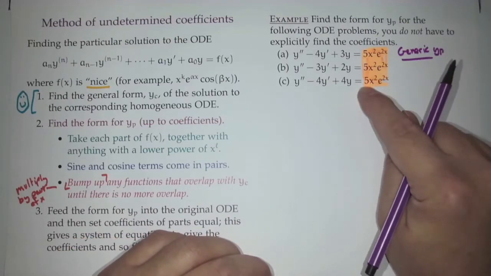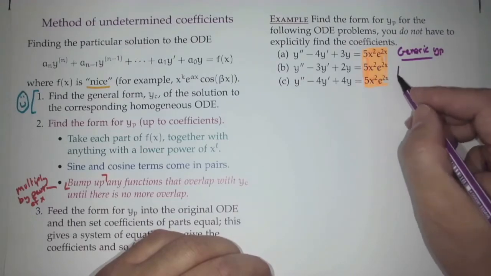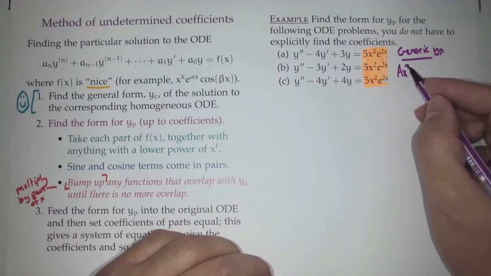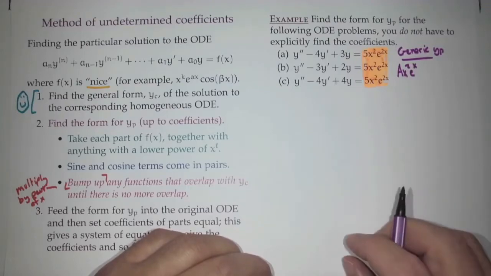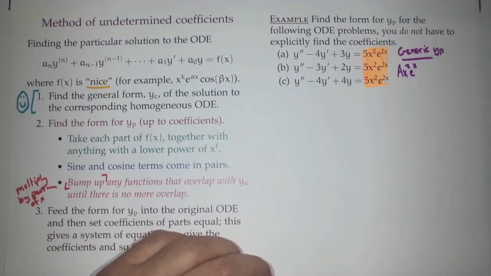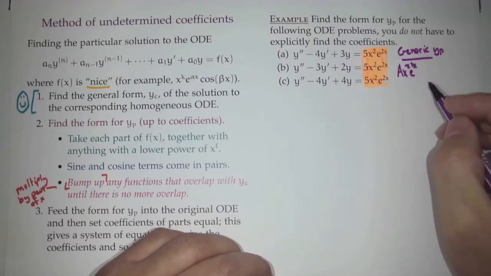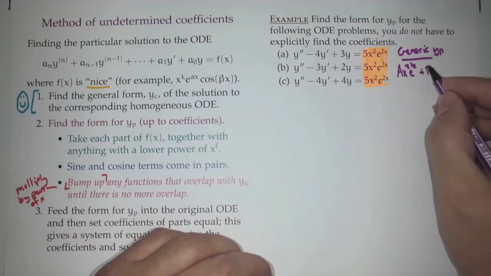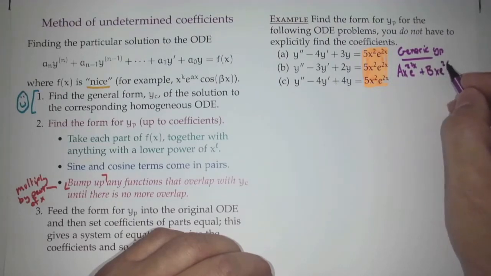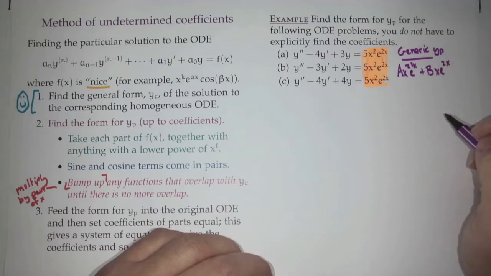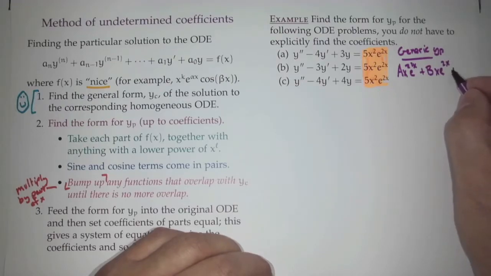We don't worry about the 5, so it should have something times x squared e to the x. What else? Oh, whoops, that should be 2x. I'm sorry. We should have something times x e to the 2x and something times e to the 2x.